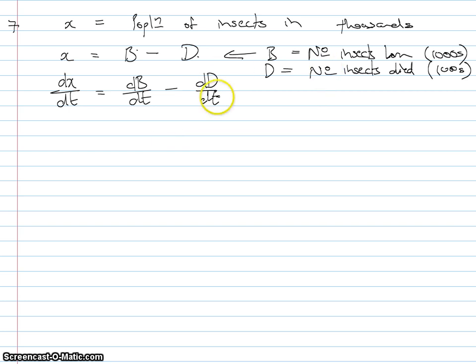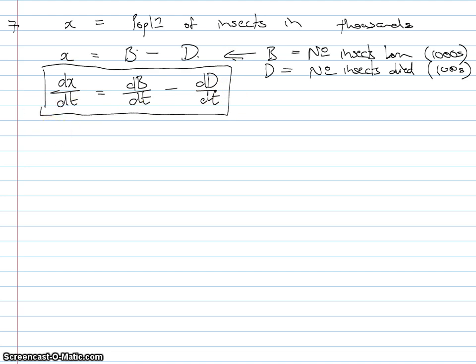How much has the population of the world changed in, say, a year? It will be the number of people born in that year minus the number of people who have died in that year. And the same is true for bugs. So we get this nice model for our differential equation, for the scenario given.